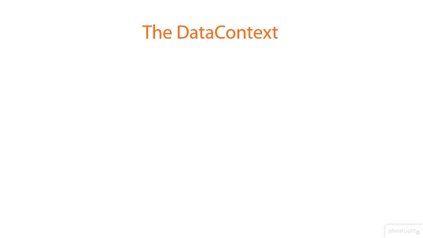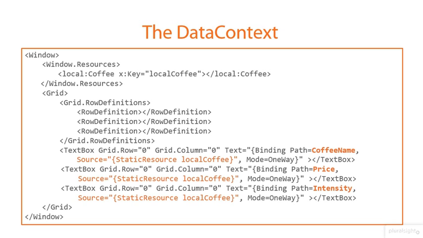Now, another problem we have can be seen on this slide here. For each of the controls in the grid, so the 3 text boxes, we need to specify the source. So we are basically writing the same code 3 times. Of course, duplicating code is never a good practice, we all know that. However, the 3 text boxes live in the same parent.